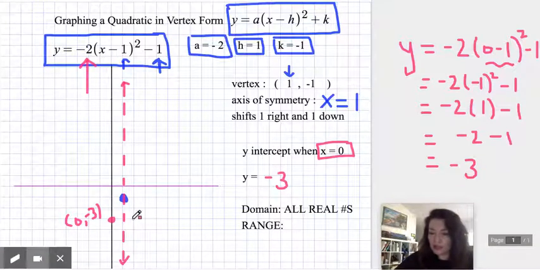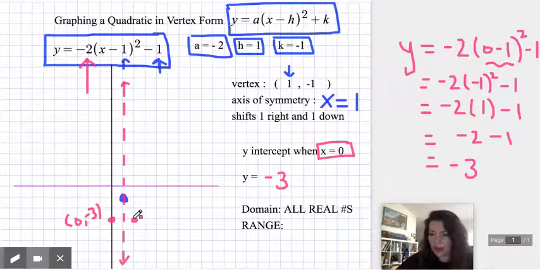All right, as I mentioned in the last video, the axis of symmetry is my line of symmetry. So if I have a point 1 unit to the left of the axis of symmetry, I should have a point 1 unit to the right of the axis of symmetry. So I can go ahead and put a point over here.